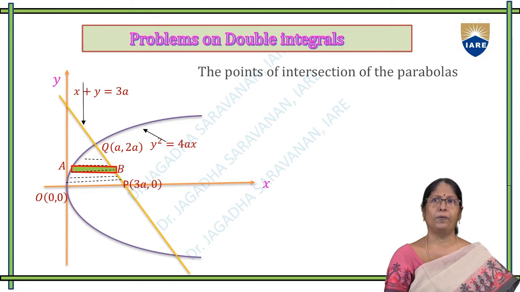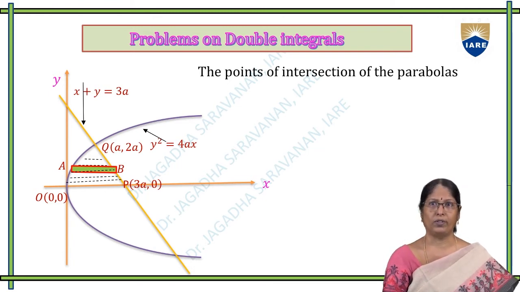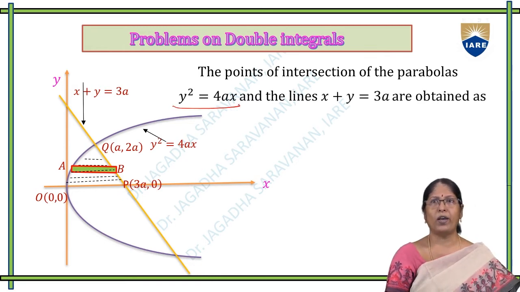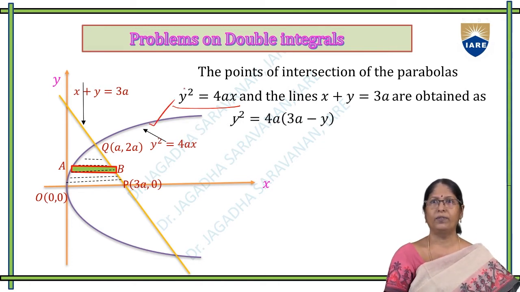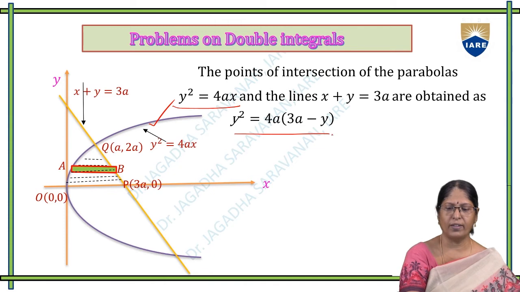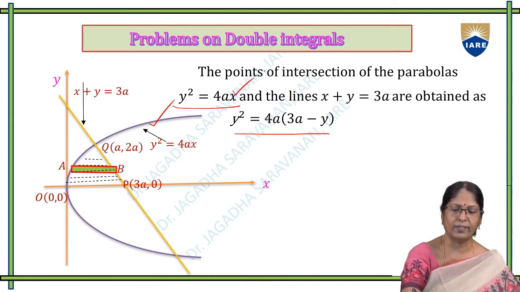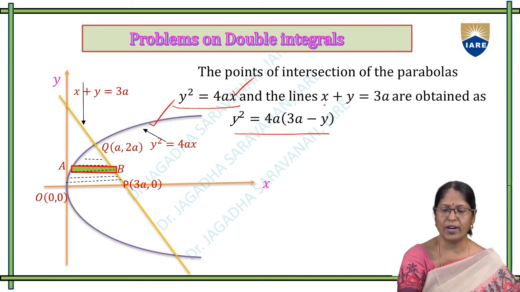We can see here the points of intersection of the parabola y square equal to 4ax, which we have drawn, and the line. From the line we extract x equal to 3a minus y.